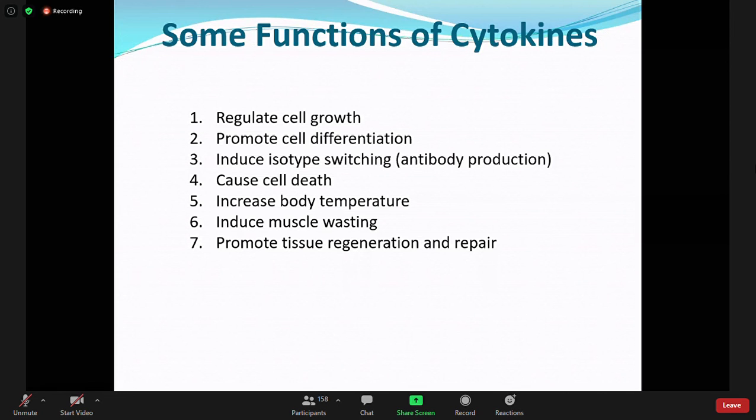In other words, it persists in the body for longer to perform its immune functions.